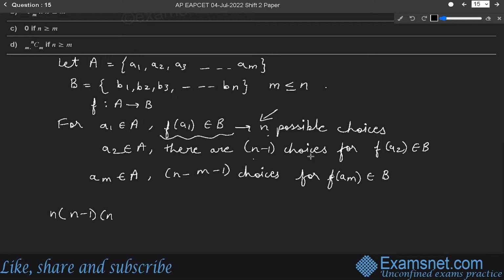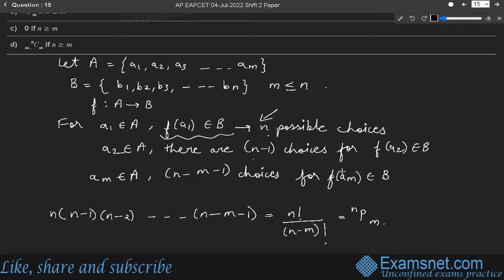For the third element, there are n minus 2 possible choices, up to the last element, where there are n minus m minus 1 possible choices. You can see that this is a series and we know that this is equal to n factorial upon n minus m whole factorial. So we can say that it forms a permutation. So it will be equal to n factorial upon n minus m factorial, which equals nPm.